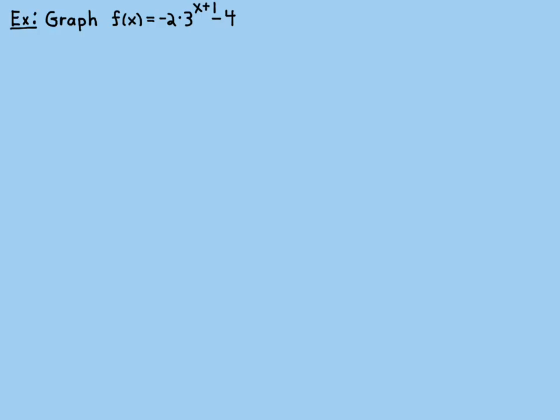The two really important things are, well, three things. Know what the basic shape is, right? That's the first thing. The second thing is find the asymptote. And the third thing is graph 2 or 3 points and then sketch in the curve.